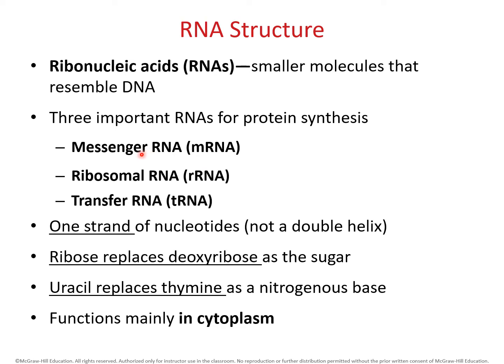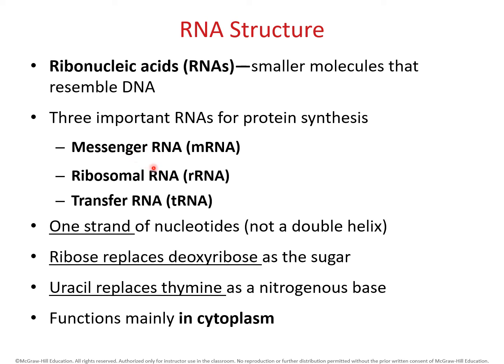Messenger RNA is probably the one that gets the most attention in research. Any scientist or molecular biologist who is studying RNA, typically they're going to put a lot of emphasis on their study and understanding of mRNA. Messenger RNA, like I said, gets a lot of attention.